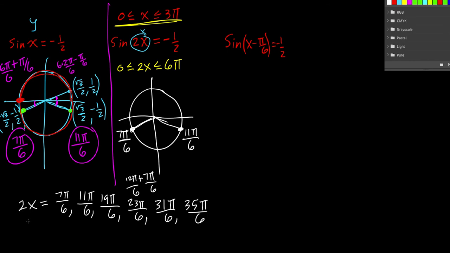But now we want to divide everything by 2 because we want to know just for x. And so essentially dividing by 2 is just multiplying all of the fractions on the bottom by 2. And so I'm just going to rewrite everything with a 12 on the bottom instead of a 6.